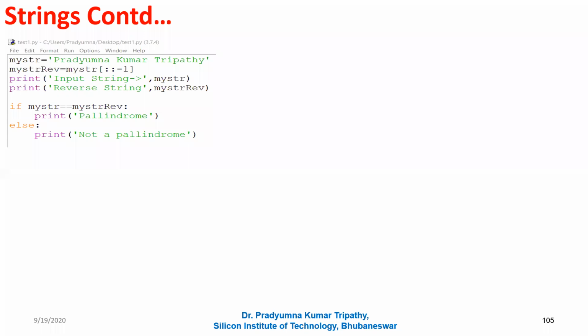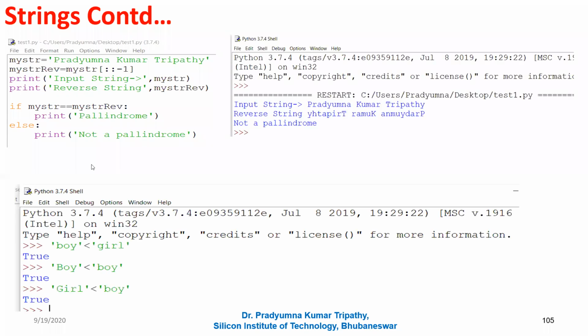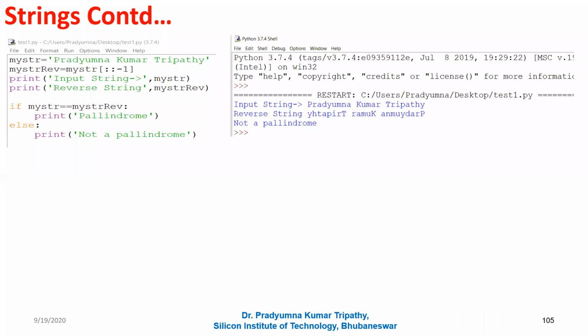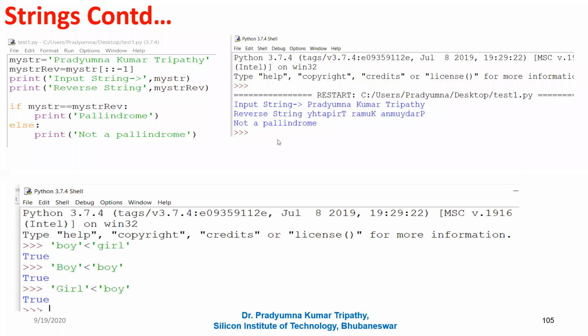Simply in a list, I just have to write in this way. Correct? So just look over here, the input string and the reverse string don't match, and therefore it is saying it is not a palindrome. So these things you can execute on your own to check.